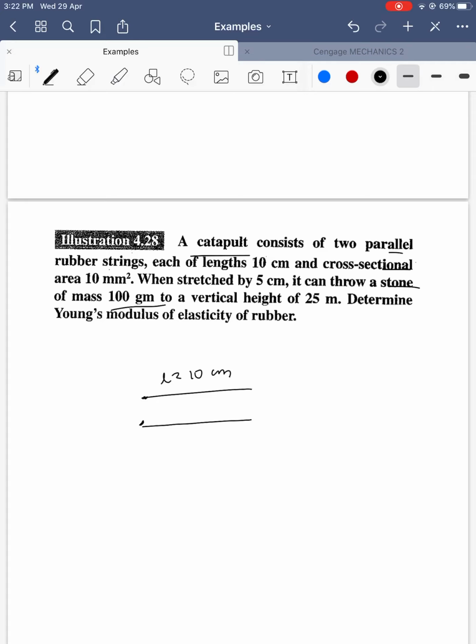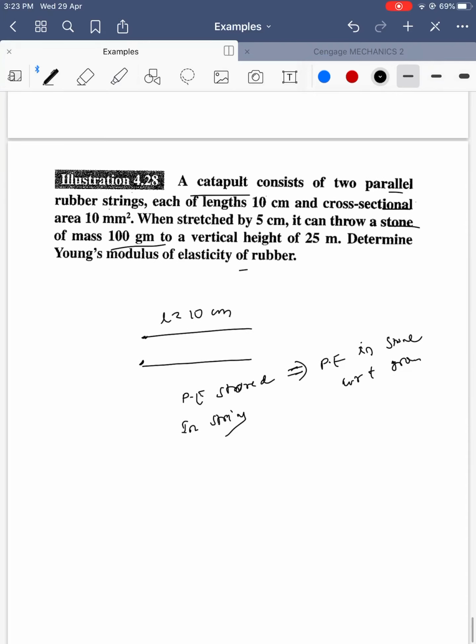Whatever potential energy is stored in the string can change the potential energy of the stone with respect to the ground.